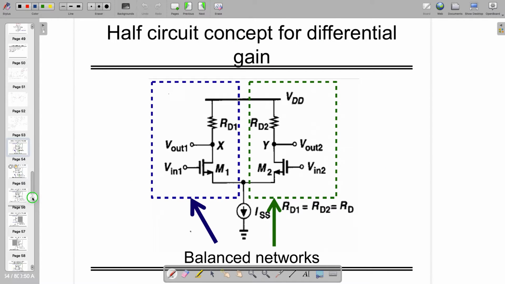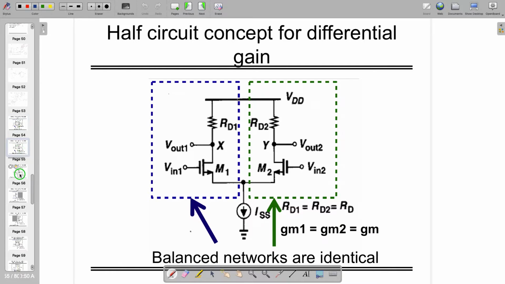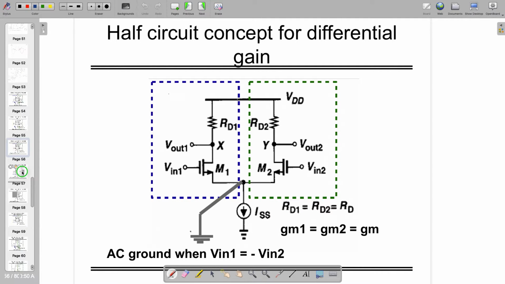So you can see here in my slides that there are two balanced networks. I found out that in the presence of differential input signals, outputs are also differential or 180-degree phase shifted, and this potential Vp goes to virtual ground or the AC ground when V in 1 equals minus V in 2.